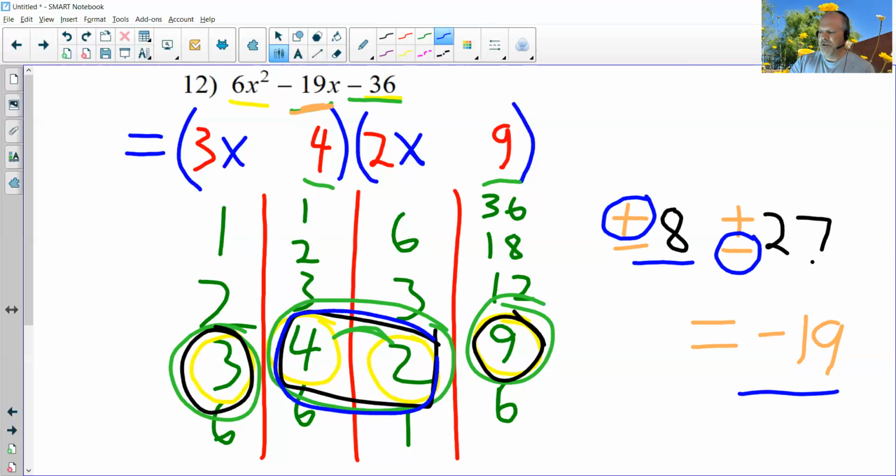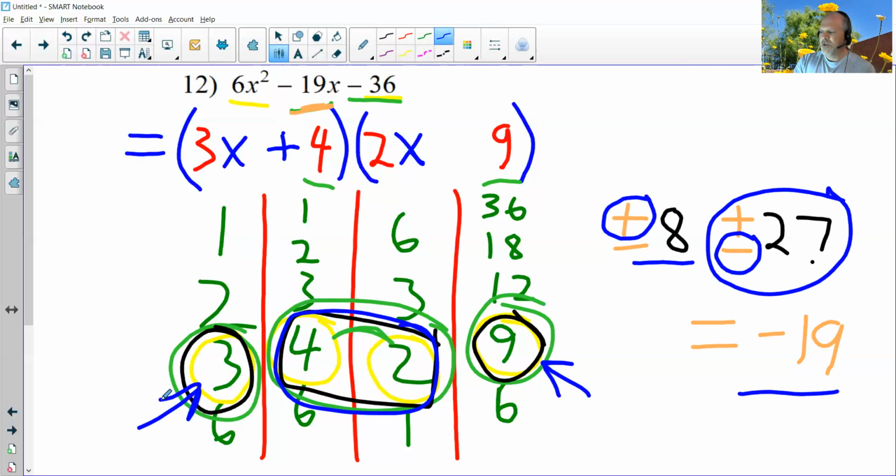So my 4 times 2 has to be positive, so I put the plus here. My 27 has to be negative, so my 9 times 3 should be negative, which means I put the minus here. And if you were to multiply this out using FOIL, you will get the original polynomial. And I'm not going to FOIL that one. You can just take my word on that or try it yourself.